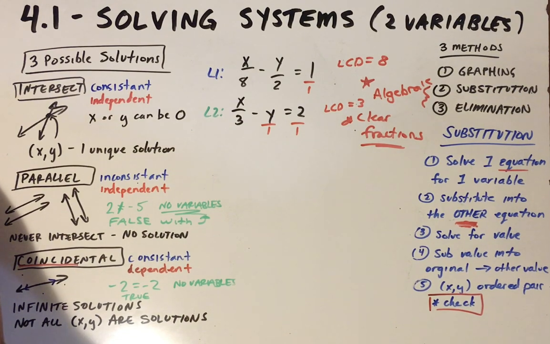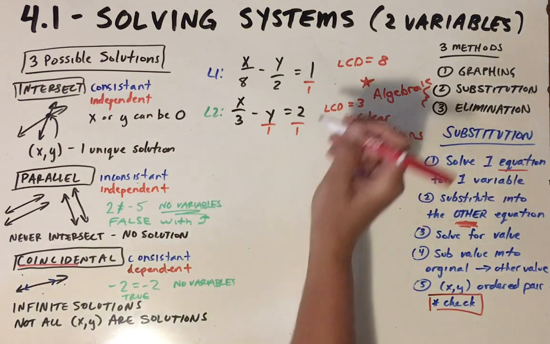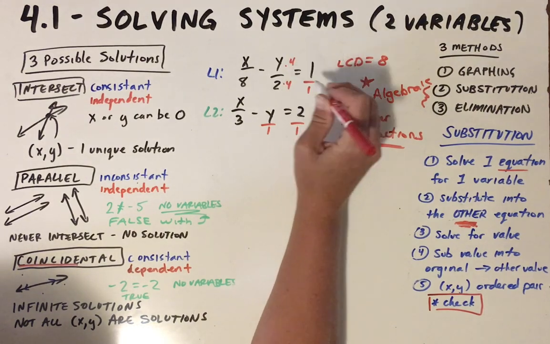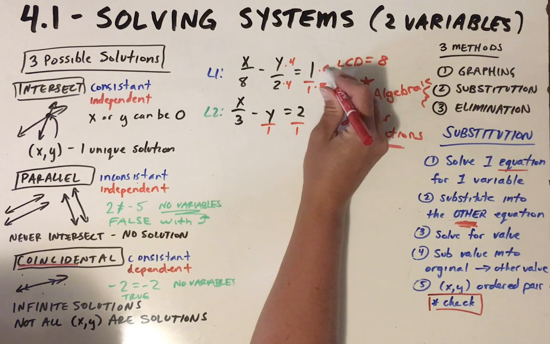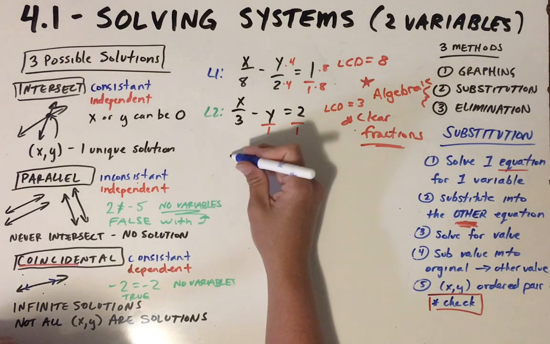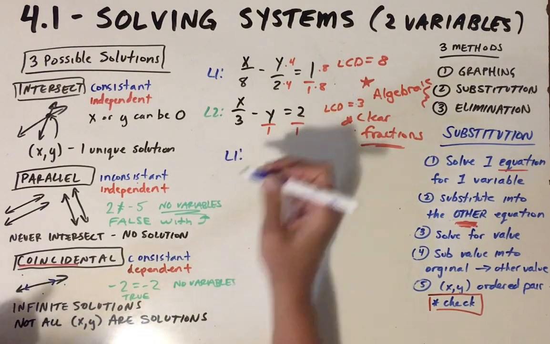Okay, in getting rid of the fractions in the top equation, I'm going to multiply to make each of the denominators 8. So this is the building up version. I'm going to multiply this by 8. So my new line 1 equation, let's write that right here.